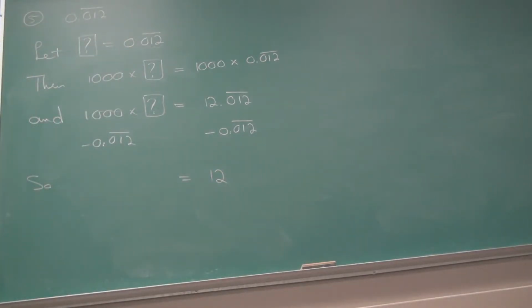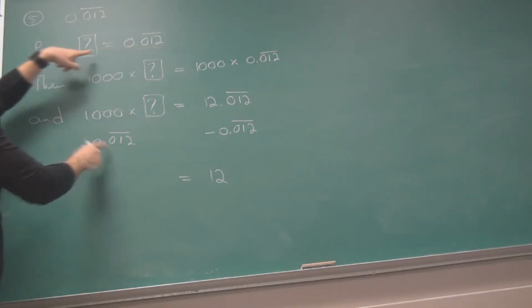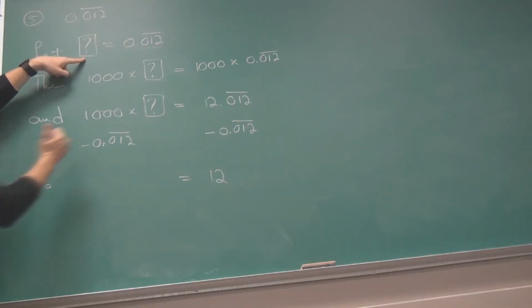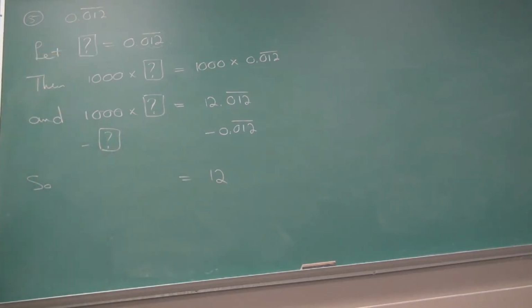That's why I chose that to subtract, so that I just have a whole number left. But here it is not as obvious what the answer is going to be until I see, well, 0.012 repeating, which is what I'm taking away, is the same as the question mark. So I can replace this with question mark. And I'm still doing the same thing. I have 1,000 apples, I take away 1 apple. 999 apples.